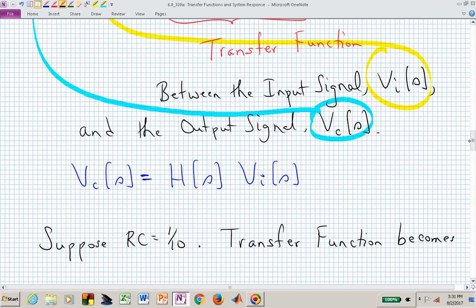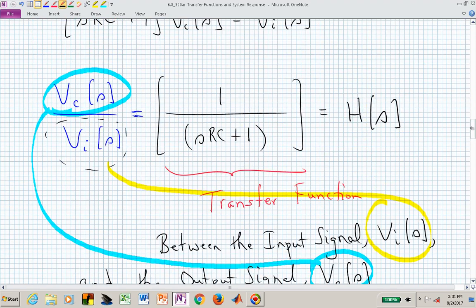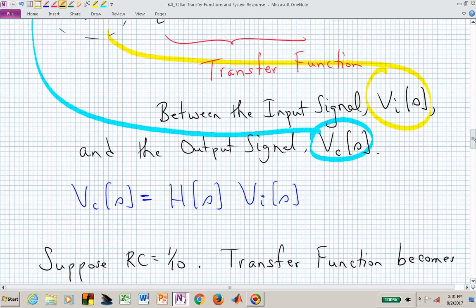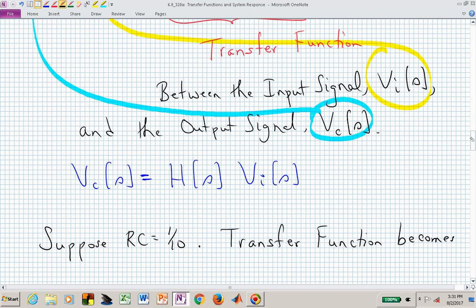Suppose in this transfer function, right now it's just a function of arbitrary values of R and C. Just to give us something to play with, suppose that we let that RC product equal 1/10 or 0.1.